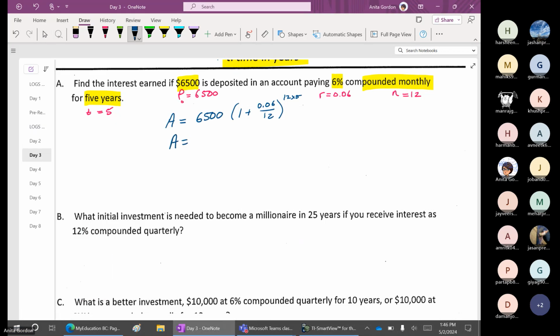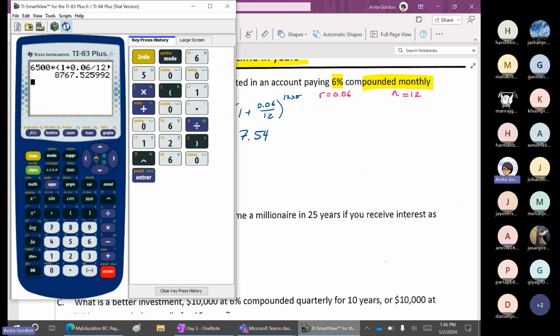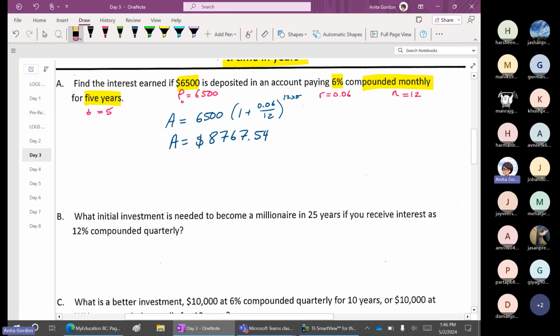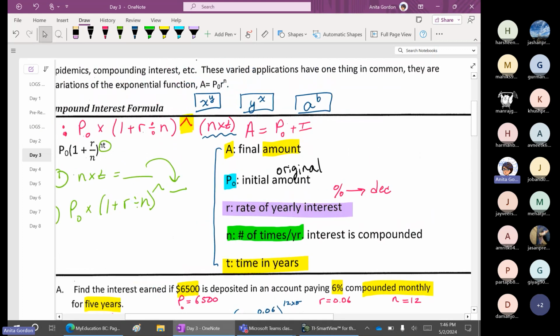So my investment is now worth $8,767.54. No, 53. Thank you. 53 cents. If you have a scientific calculator, do not forget the in-between multiplication sign and to very carefully put brackets around everything.